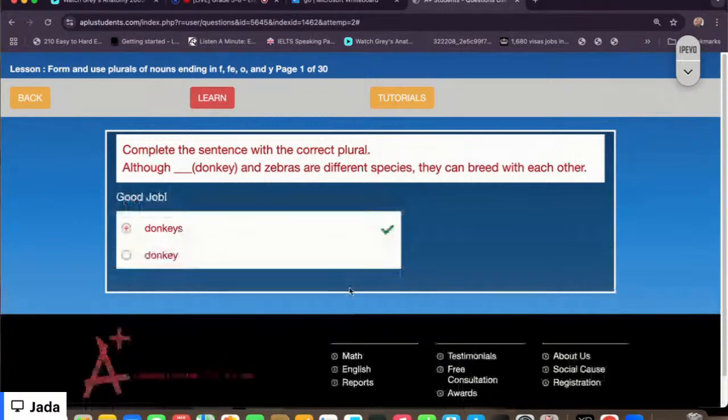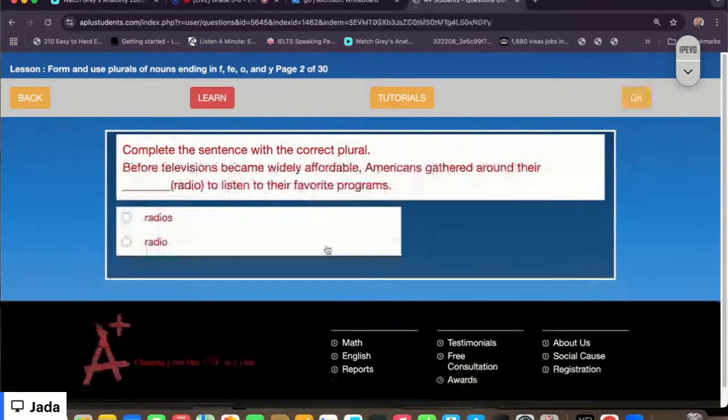Alright. Before televisions became wildly affordable, Americans gathered around their radio to listen to their favorite program.